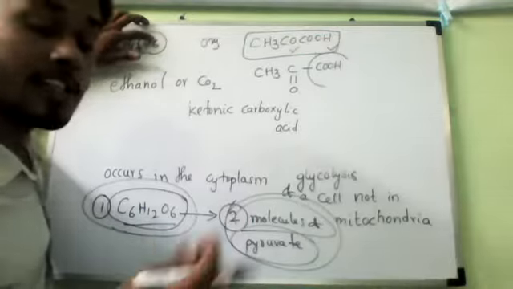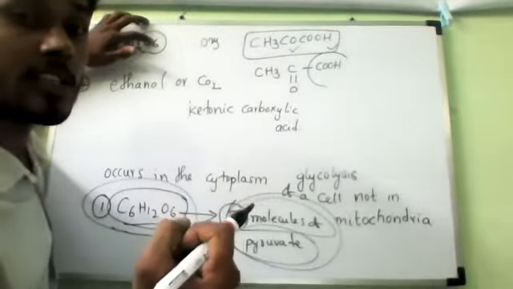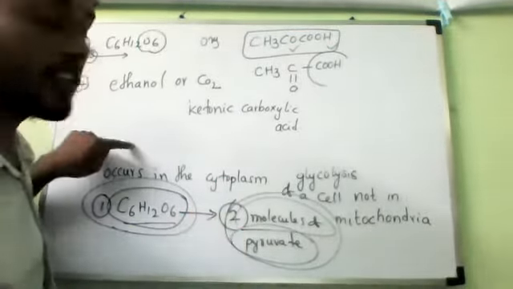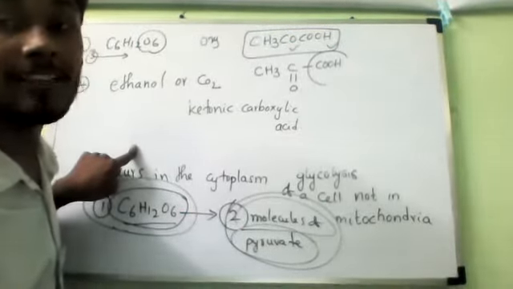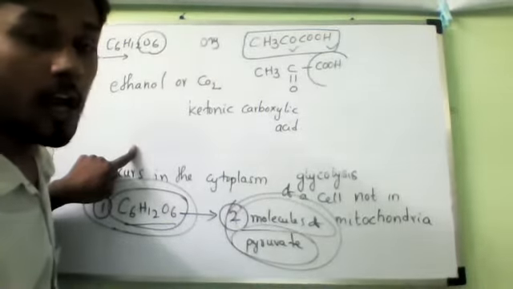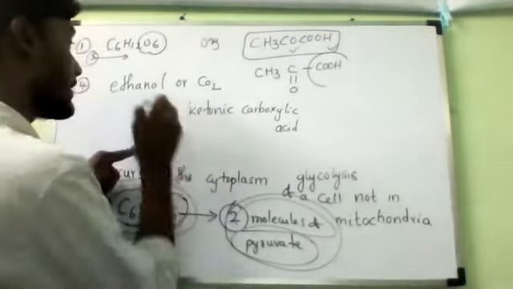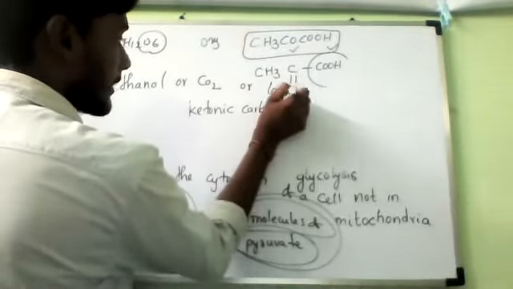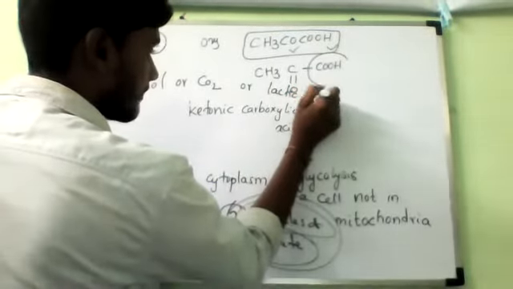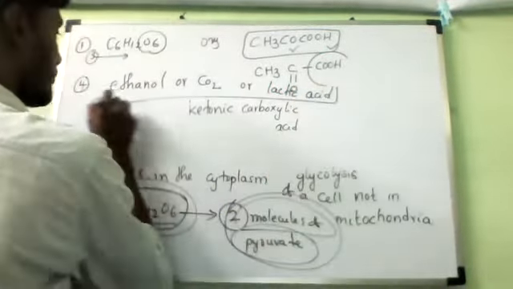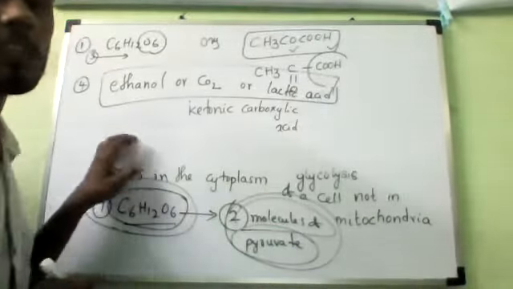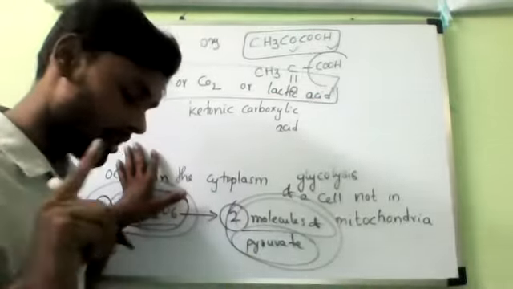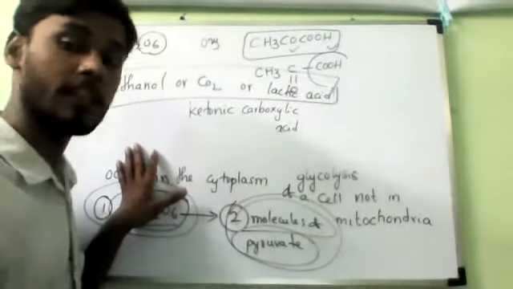If the cells do not have oxygen, then the pyruvate will be converted into either ethanol and carbon dioxide, or lactic acid. The pyruvate formed during respiration depends on whether oxygen is present or not.